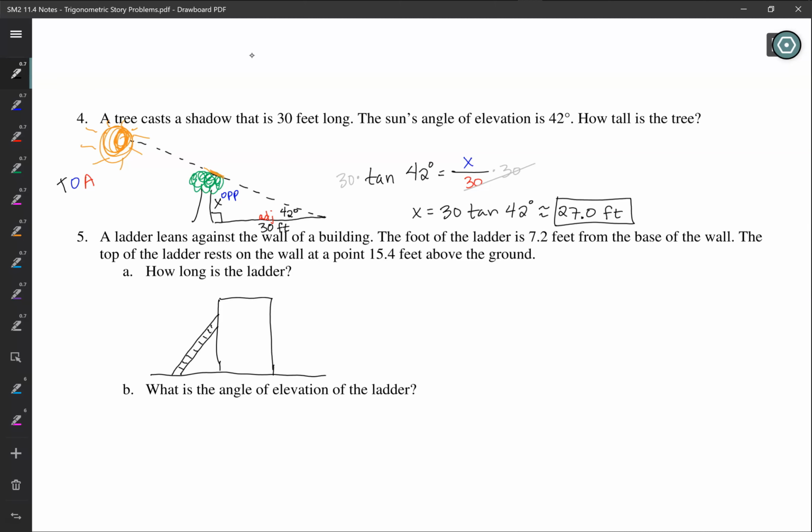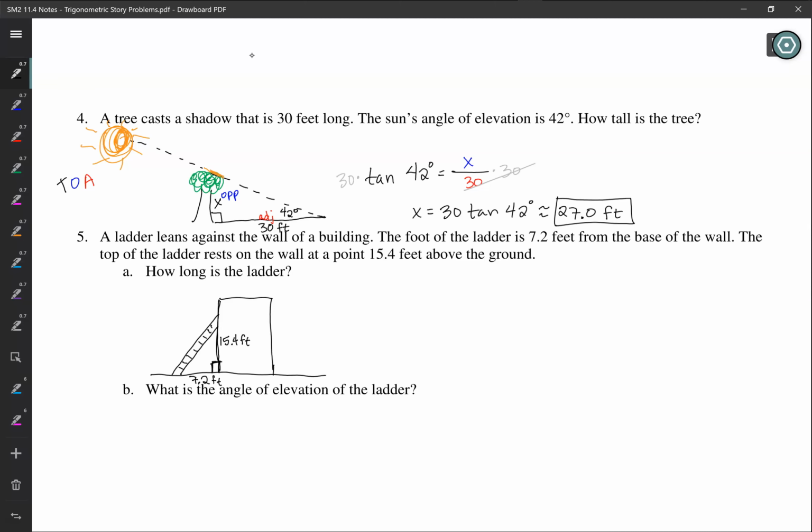And the foot of the ladder is 7.2 feet from the base of the wall. And the top of the ladder rests on the wall at a point 15.4 feet above the ground. We'll assume that we're not talking about the Leaning Tower of Pisa, so the building is making a right angle with the ground.